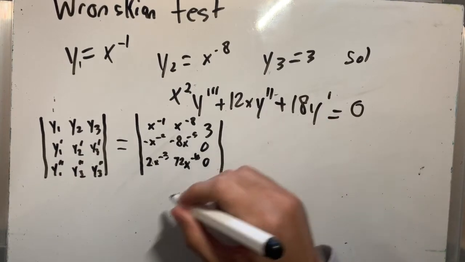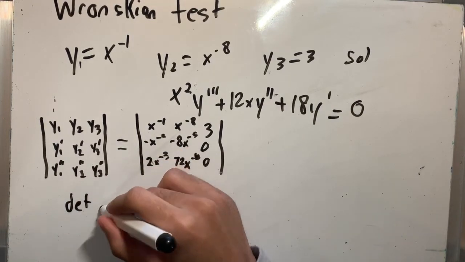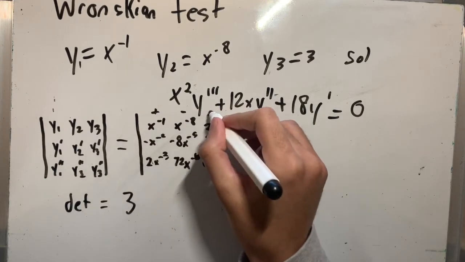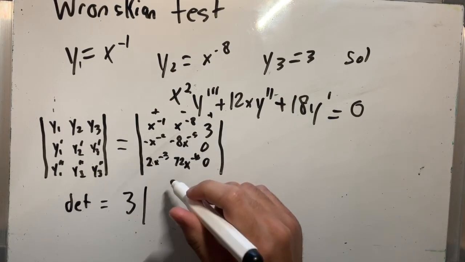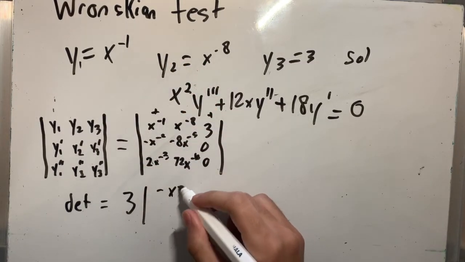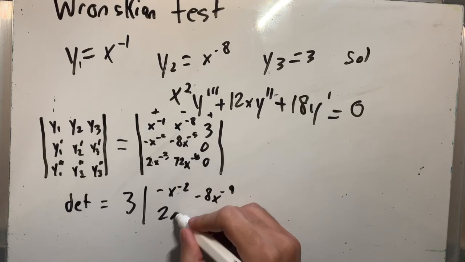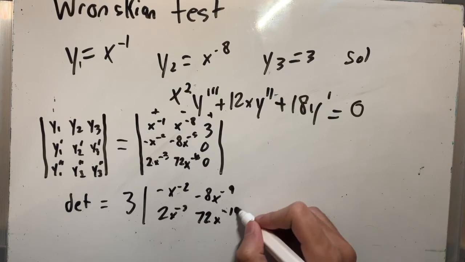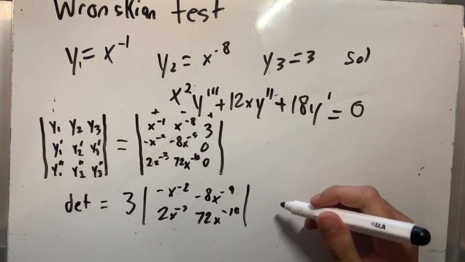So the determinant is equal to 3, which would be positive because this is positive, negative, positive, times the determinant of x^-2, negative 8x^-9, 2x^-3, 72x^-10, plus 0, 0, well, these are all zeros.